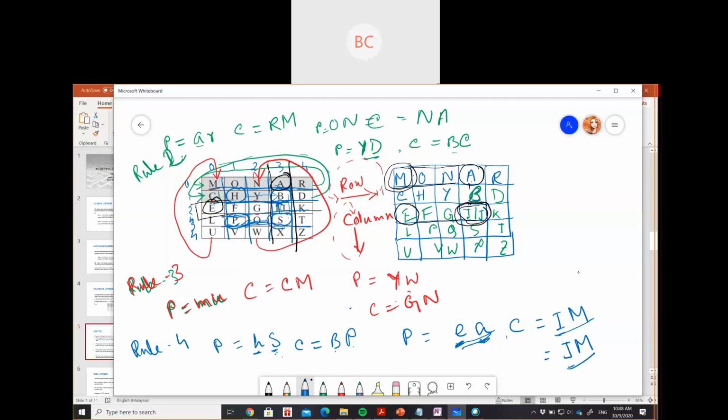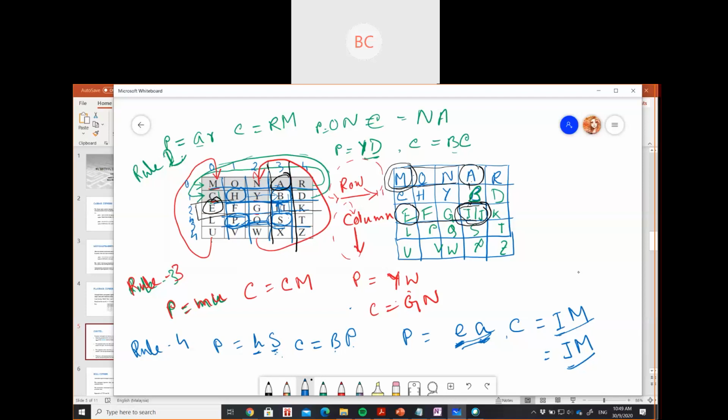So in rule 2, rule 1 was what? If you see same pairs, you are just going to fill it up with other filler letters. Rule 2, these are like different ways. Okay, in rule 2 it's row wise. You are just going to replace the letter with the next right letter.